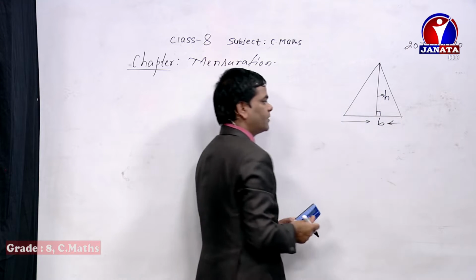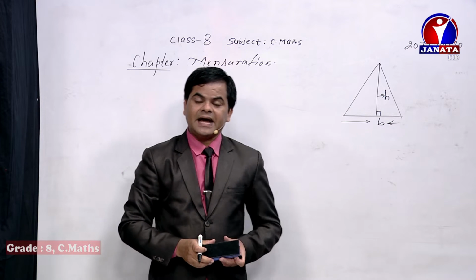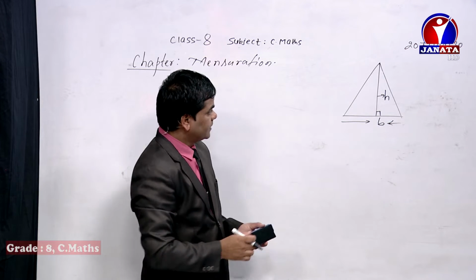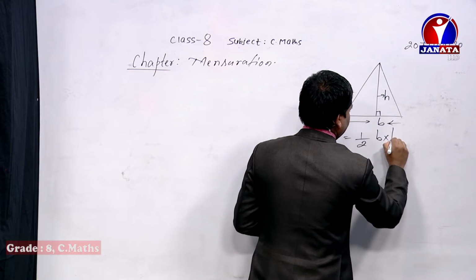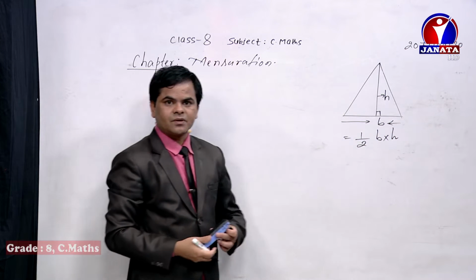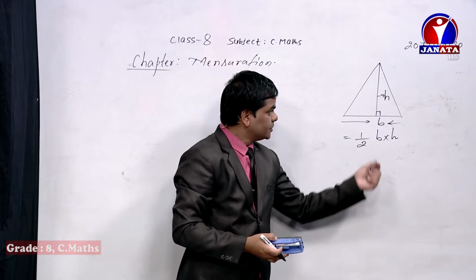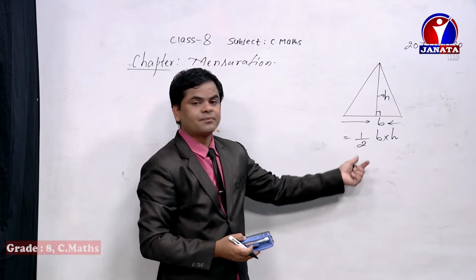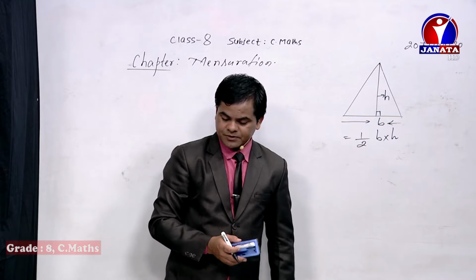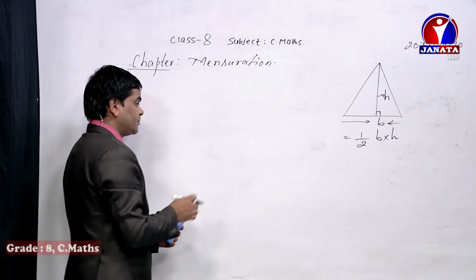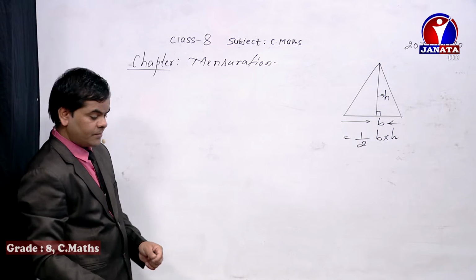If such a figure is made in any plane surface area, we can find the area of this figure as 1 by 2 base into height. By using this basic formula, how many formulas can be derived? Let's see. Today I am going to derive some of the formulas by using that formula.